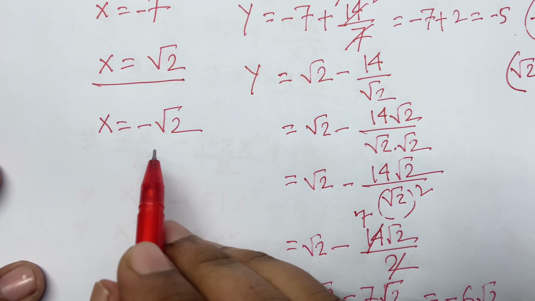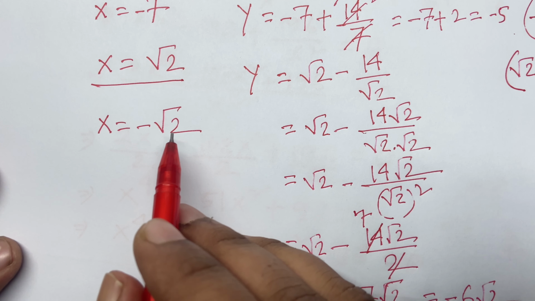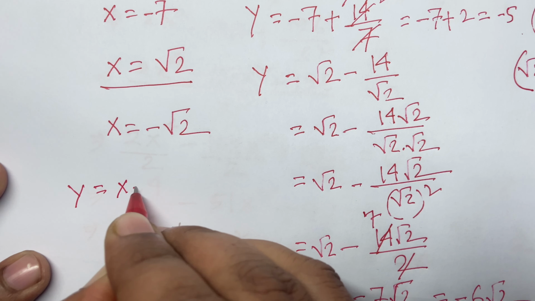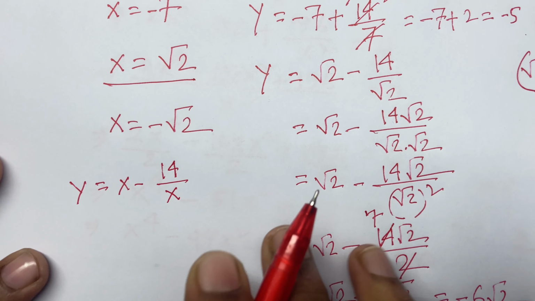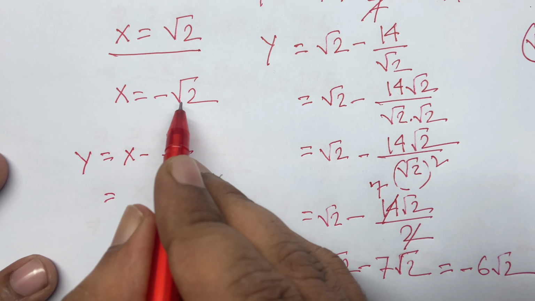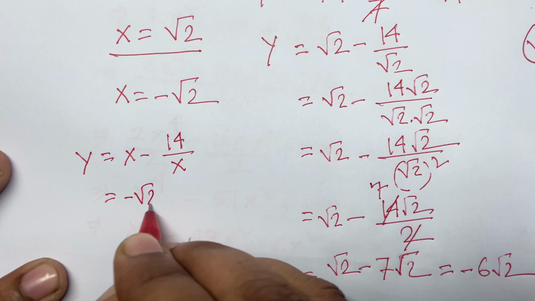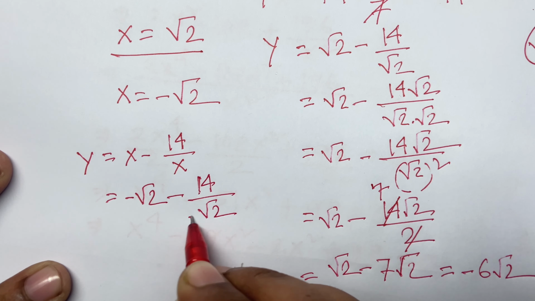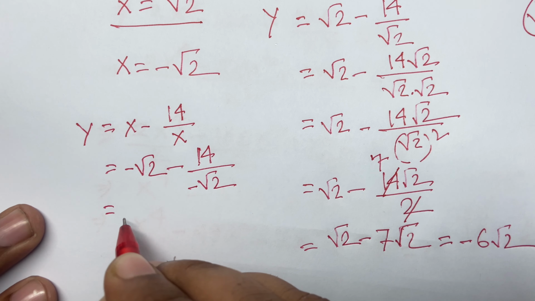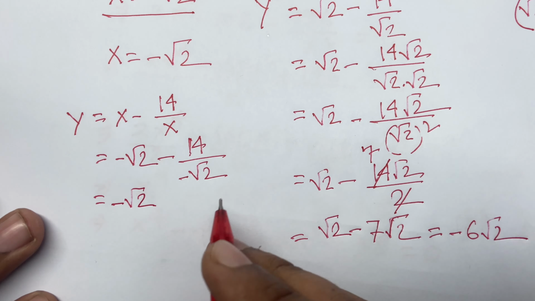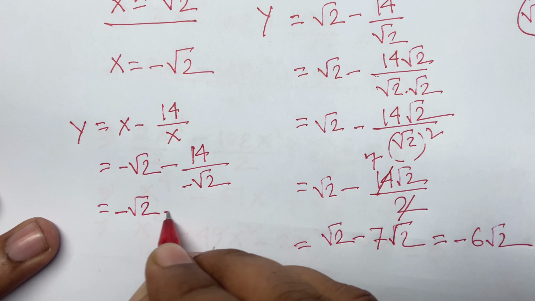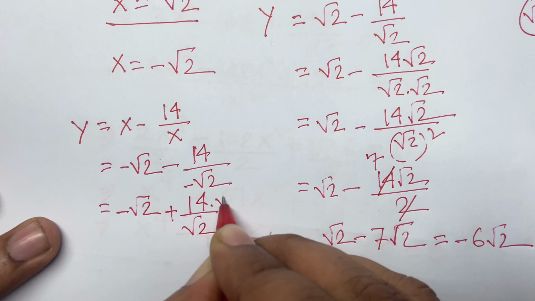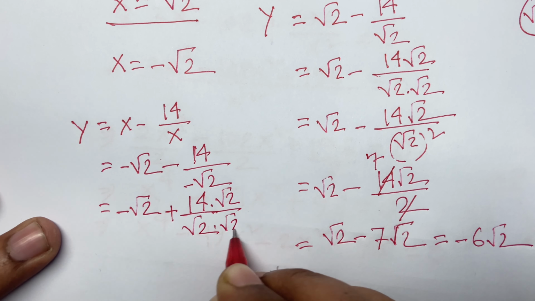And again when x equal to minus square root 2, this time I find out the y value. So we know that y equal to x minus 14 over x. So when x is equal to minus square root 2, I can say minus square root 2 minus 14 over minus square root 2. Minus minus is plus, so 14 over square root 2, I multiply up and down by square root 2.